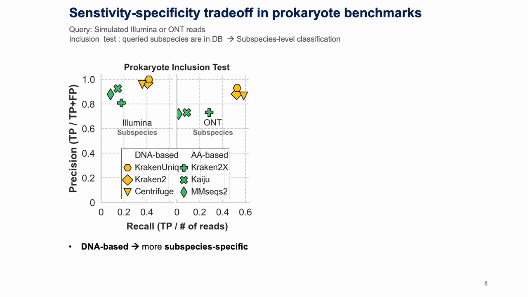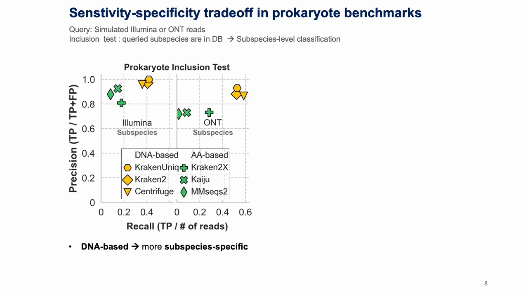To observe the sensitivity-specificity trade-off, we conducted some benchmarks using prokaryote genomes. Query reads are simulated short and long reads, and in the inclusion test, query subspecies are included in the database, so classifiers can make subspecies level classifications. So these tests estimated the specificity of the classifications.